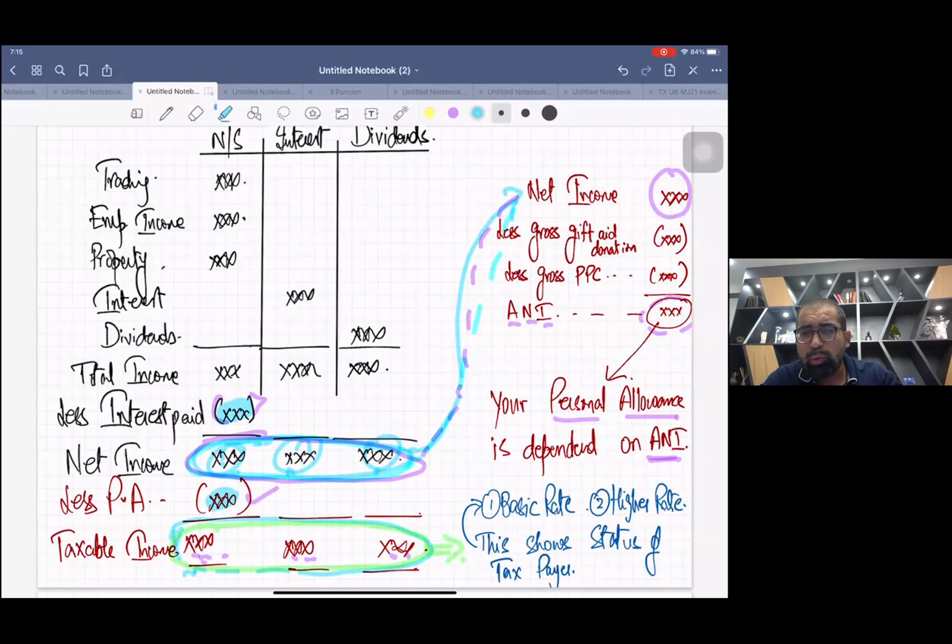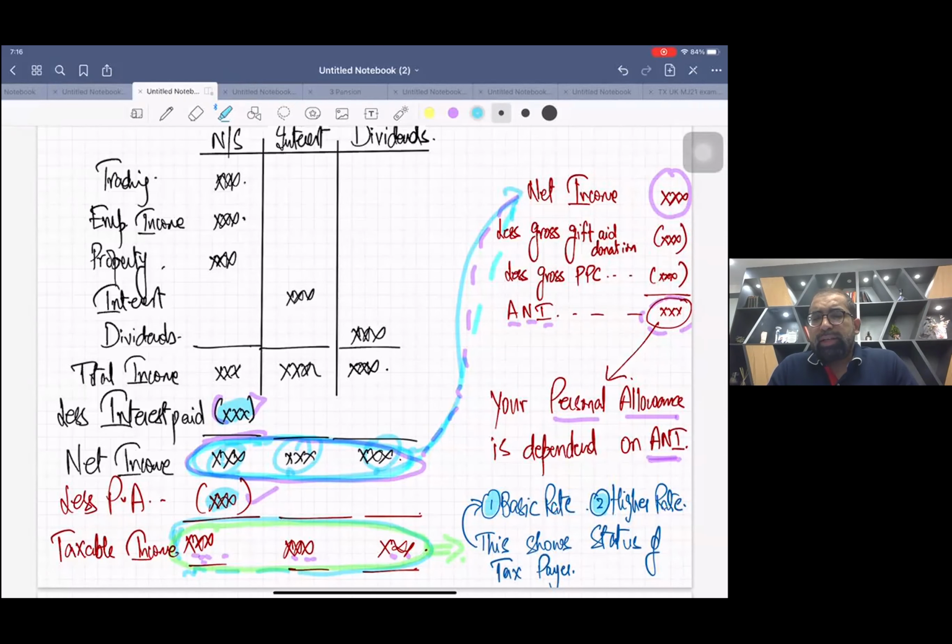Now do one more thing. Once you calculate the taxable income, always calculate the taxpayer's status. Always check the taxpayer status, whether your taxpayer is the basic rate taxpayer, higher rate taxpayer, or additional rate taxpayer.